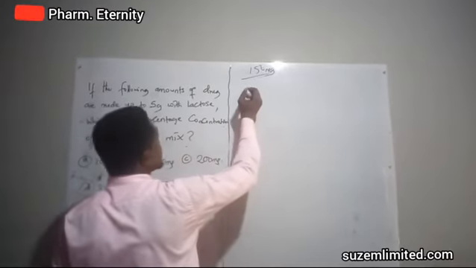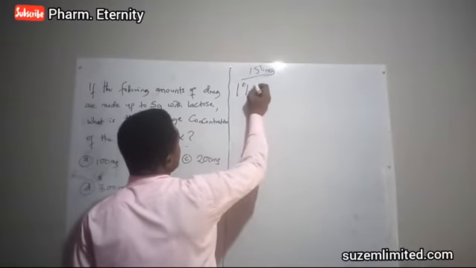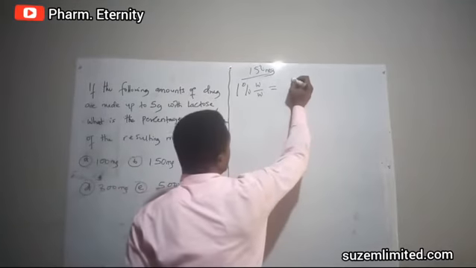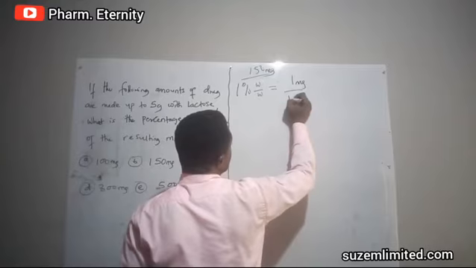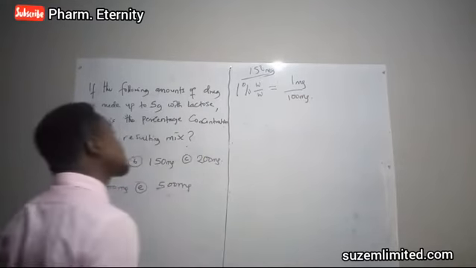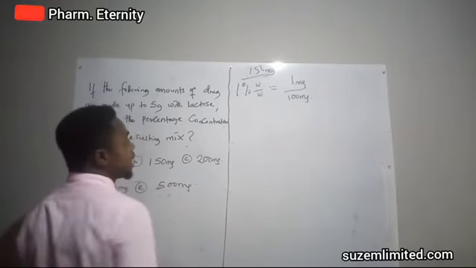So we have that 1% weight per weight is equal to 1 milligram over 100 milligram.